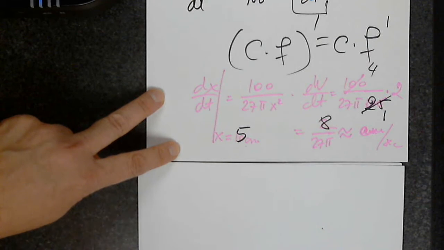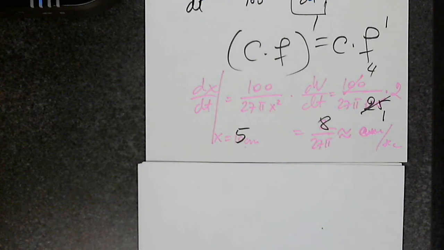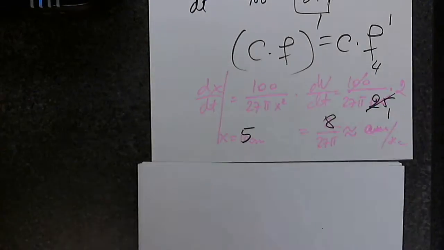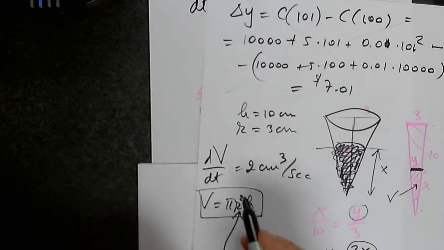How much is the answer? 8 over 9 pi. Yes, I see. Yeah, I have to correct that. Thank you.